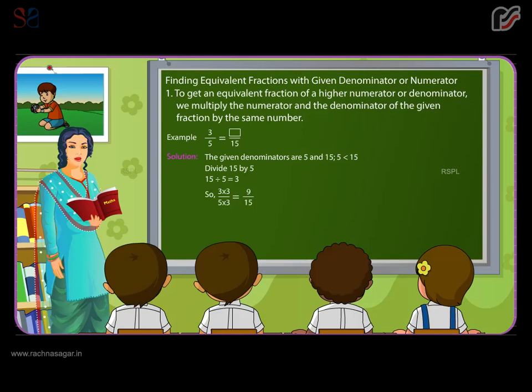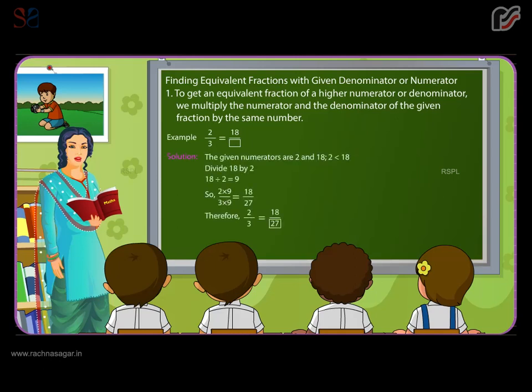So, 3 multiplied by 3 upon 5 multiplied by 3 is equal to 9/15. Therefore, 3 upon 5 is equal to 9 upon 15. Now, we need to find the equivalent fraction of 2 upon 3.